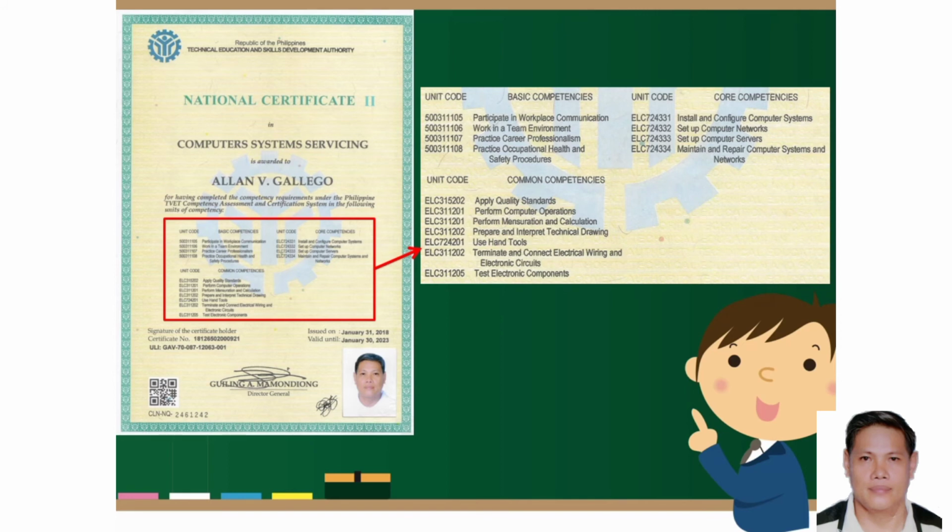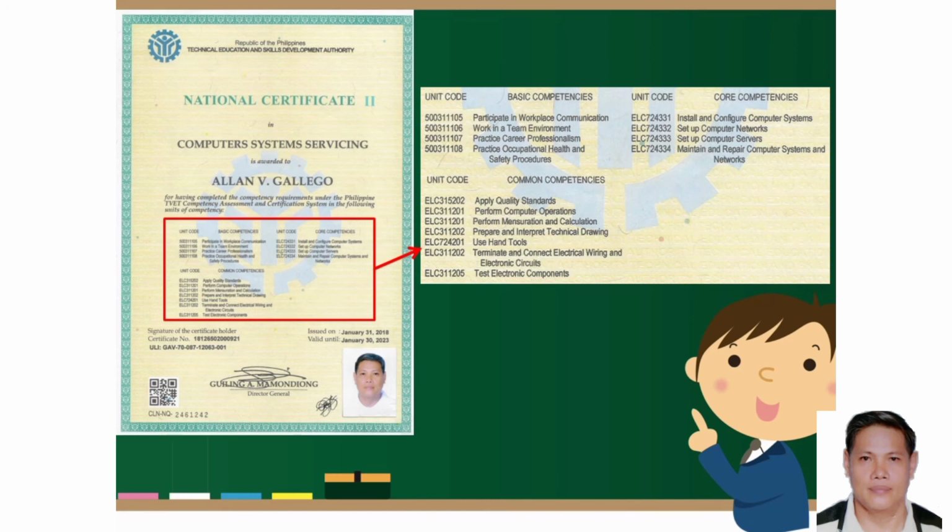So don't worry when you reach Grade 12 and you will have your training. Definitely you can have this if and only if you attend the assessment. If you undergo training and then you pass the training but you did not attend the assessment, which some of my students have done, sayang lang yung kanilang training.